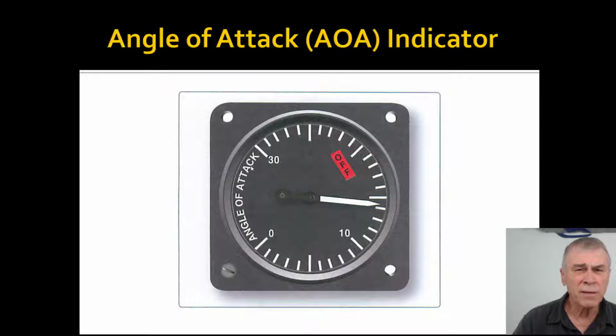Okay, the angle of attack is just words. You're not going to get to that area. So the pointer is pointing at this point. Apparently, what do we have? 10, 11, 12, 13, 14 point something degrees. It looks like a flag's here.